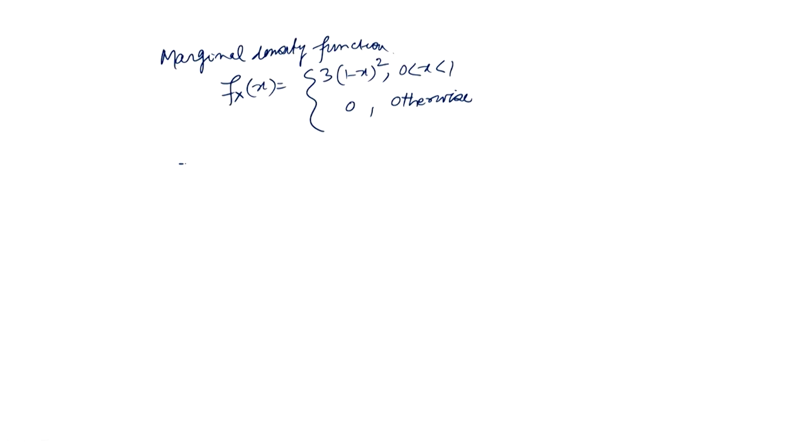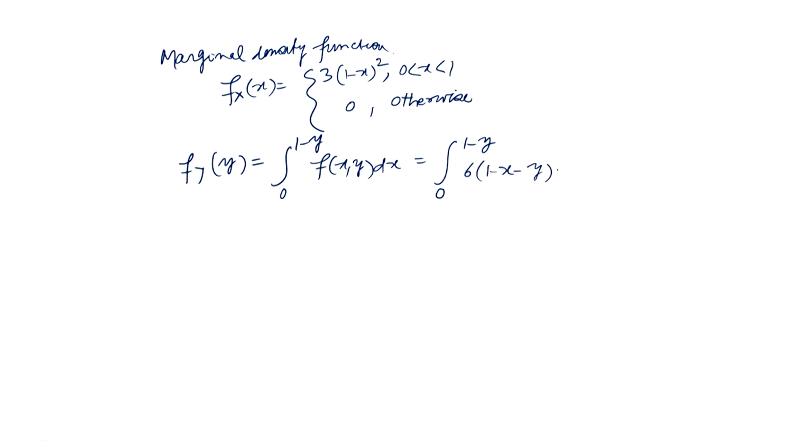So, we have f_Y(y) equal to the integral over 0 to 1 minus y of f(x,y) dx. So, this is the integral from 0 to 1 minus y of 6 times (1 minus x minus y) dx. Okay. So, again what we will have?